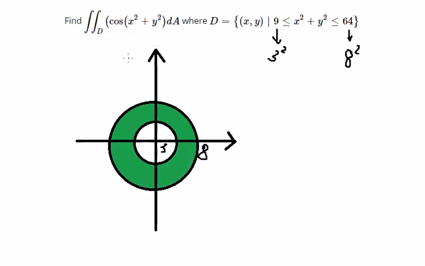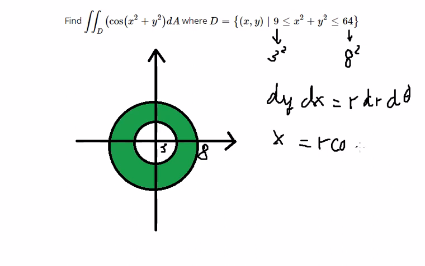So in this situation, we have dy dx equals r dr d theta, and we have x equal to r cosine theta, y equal to r sine theta.